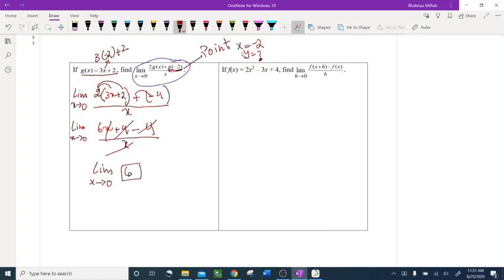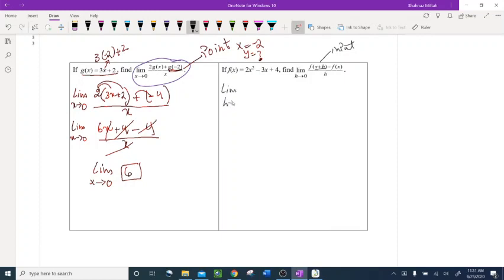Okay, let's do that one. This one is talking about the same thing, but if you pay attention, this thing is acting like an input, like an x value, and I'm going to plug this in wherever I see the x's in the question. Okay, let's do this portion first, and then I will write that. So I have limit as x approaches, I'm sorry, it's not x, it's h.